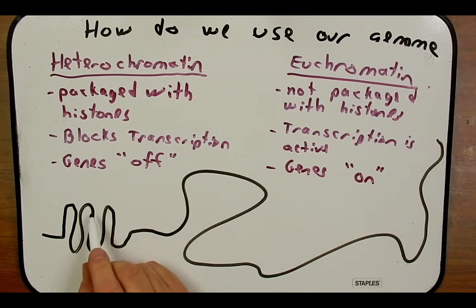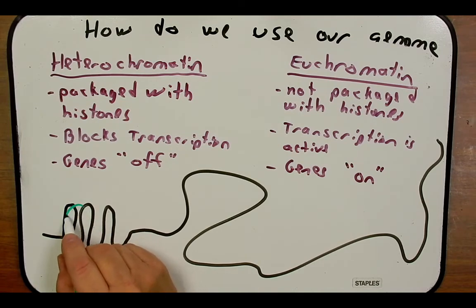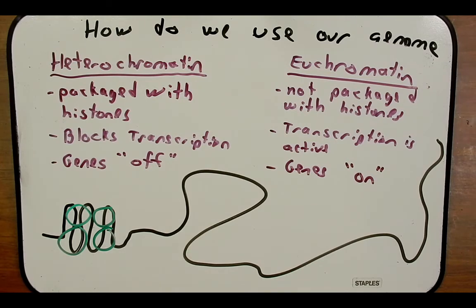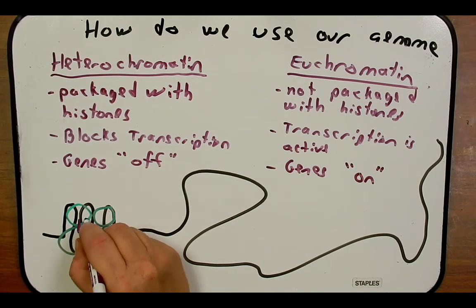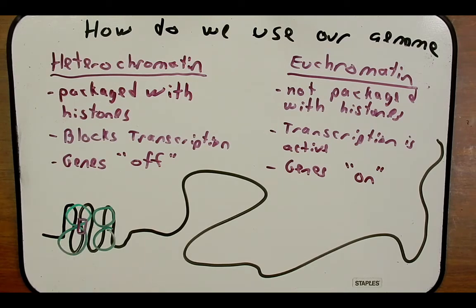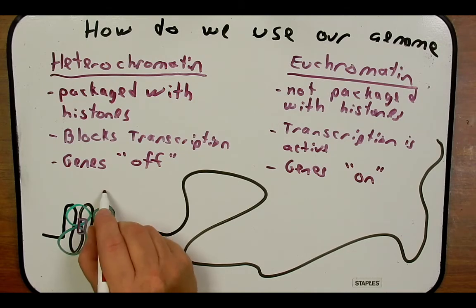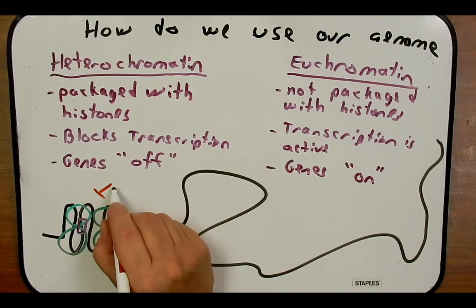Let's say you have a piece of DNA like this. Over here, I'm trying to show you what the heterochromatin would look like. It would have these pieces of histone molecules on it. If there happened to be a gene, say right here, because of it being so packaged, enzymes that would be needed to enter in here and turn this gene on would be blocked.